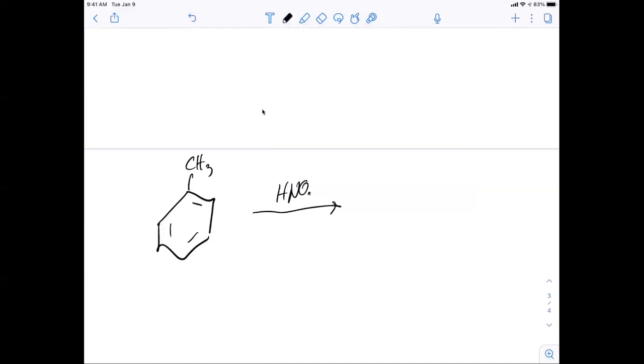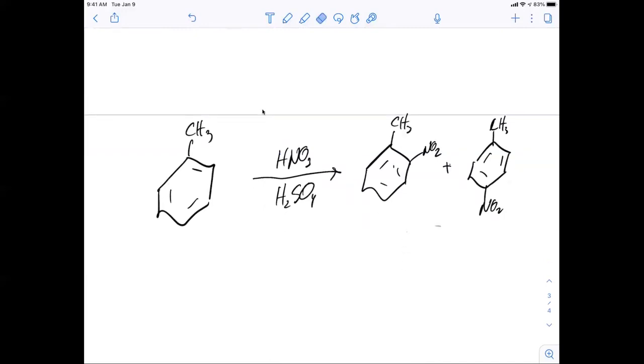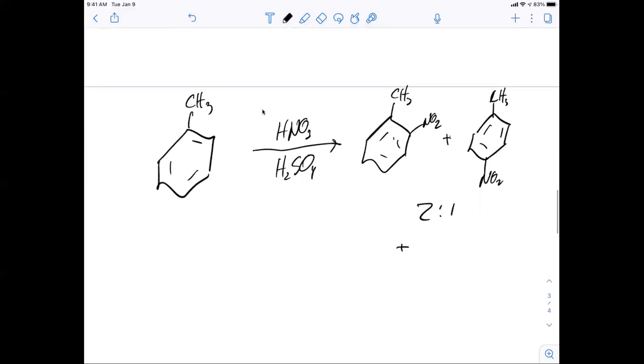Right, and if I did that, we see that we get a 2 to 1 ratio between these two, right? But we also then get a trace of the meta.